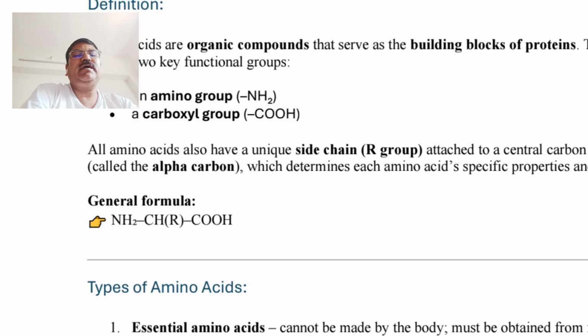This is the simplest classification of alpha amino acids.